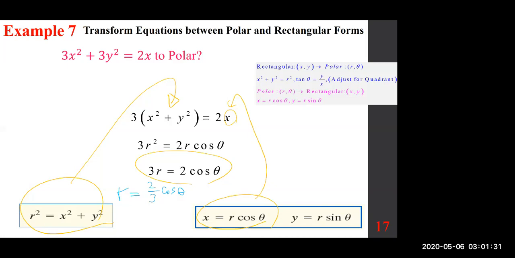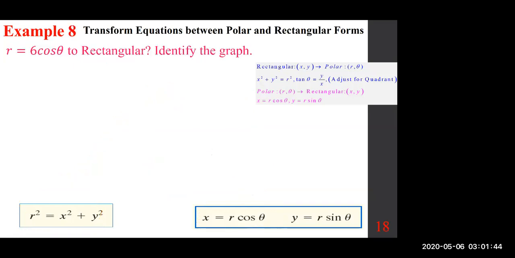Let's look at another example, see how it goes, class. We have a polar form and we want to go to rectangular form. Do you remember the trick we used in one of those occasions?